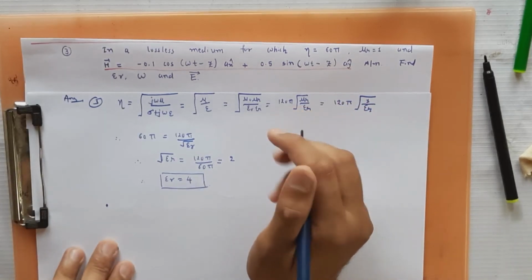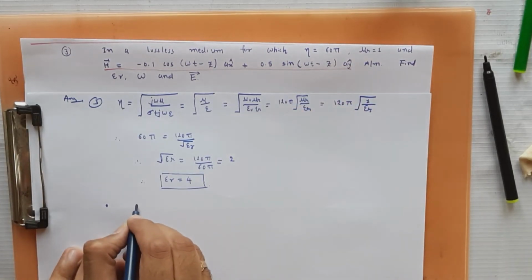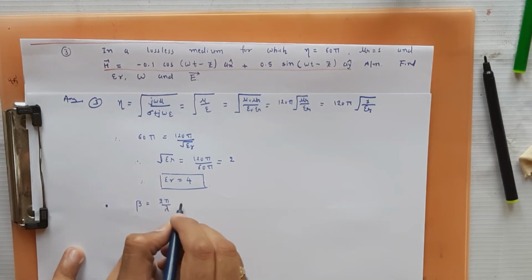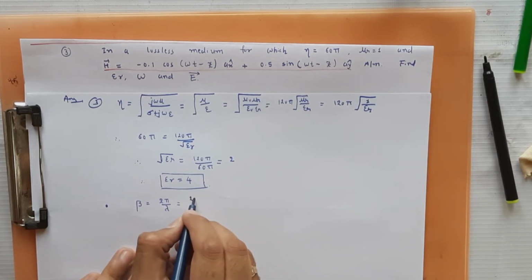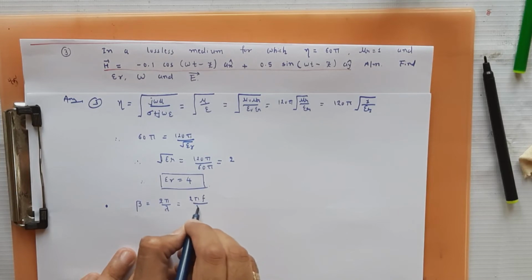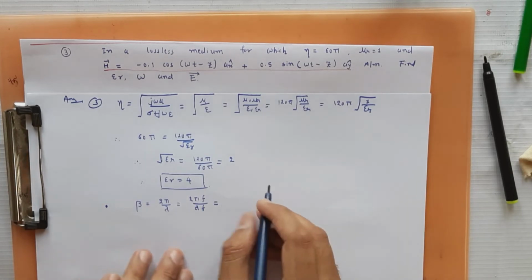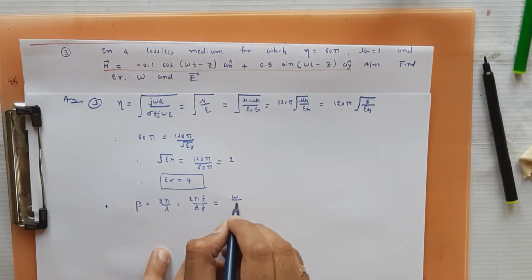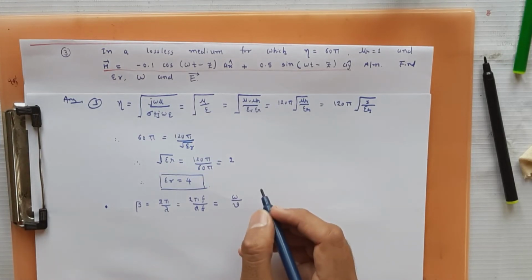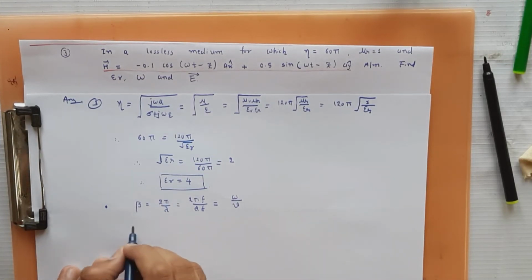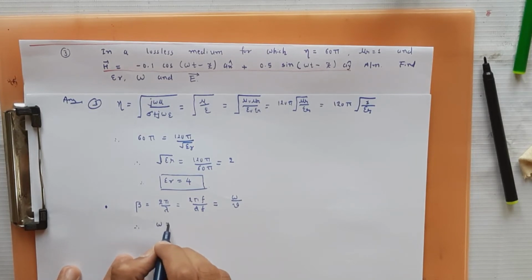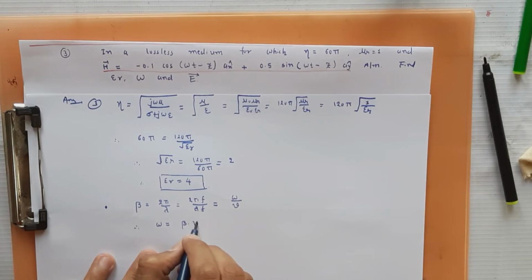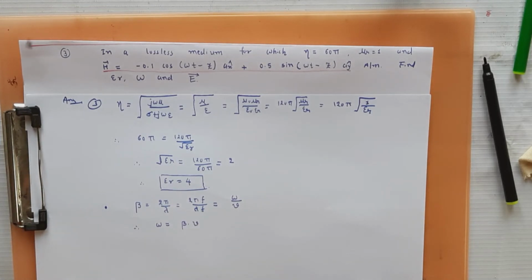We know that beta is equal to 2 pi by lambda, this is our standard equation. Multiplying the denominator and the numerator with f, 2 pi f means omega, and lambda f is the velocity v. So omega is equal to beta into v.